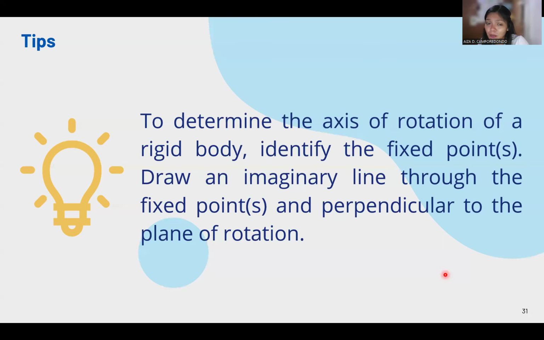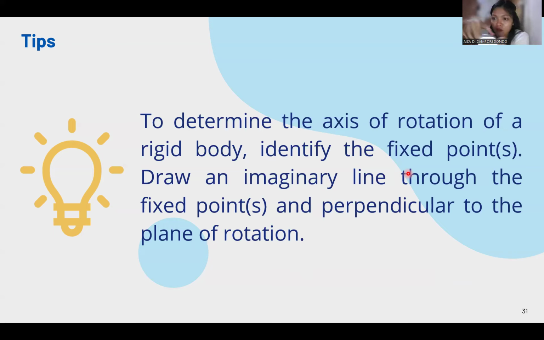Another tip in determining the axis of rotation of the rigid body: we need to identify the fixed position. I have shown you earlier that the axis of rotation is actually on the fixed point.